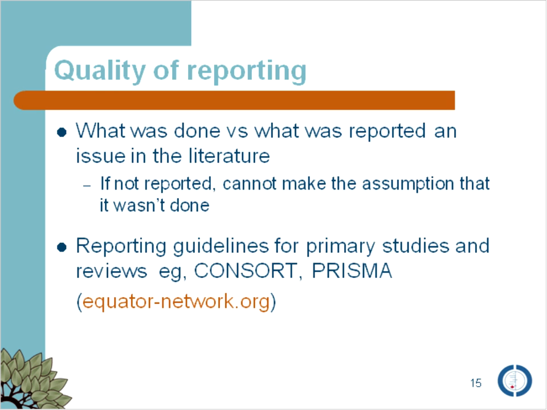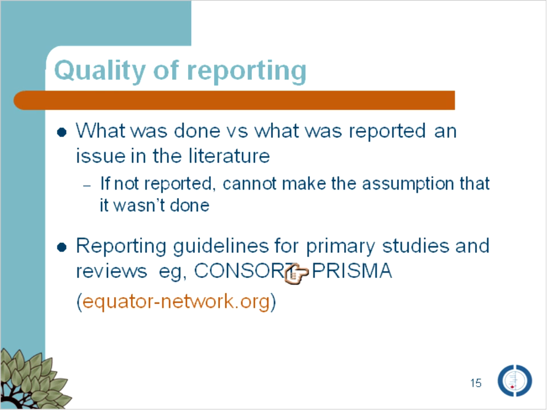really important. And as an aside, given that this is such an important issue out there, there's a whole group called the Cochrane Network, and what they've done is they've compiled all reporting guidelines and endorsed the development of reporting guidelines for studies, all different kinds of studies, not just intervention, for reviews, for different areas of research, etc. If you're familiar with CONSORT, that's a reporting guideline for randomized controlled trials.